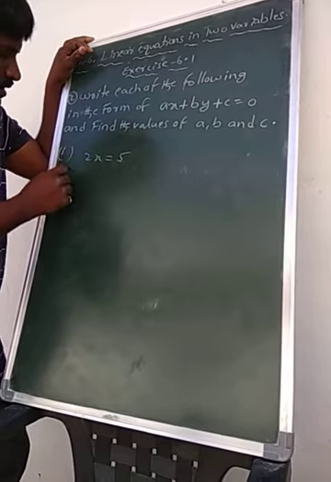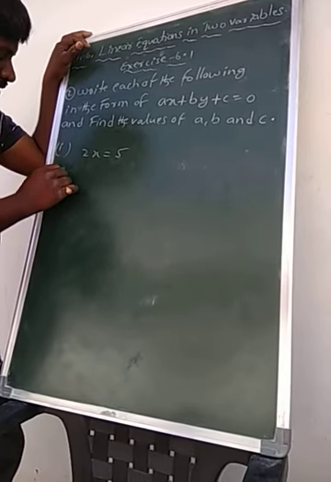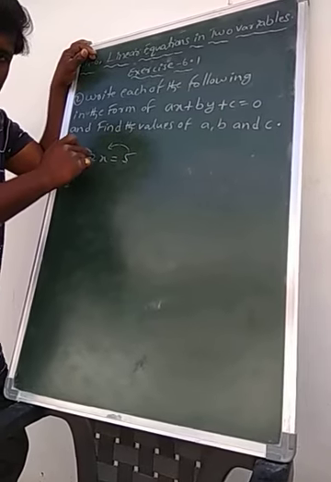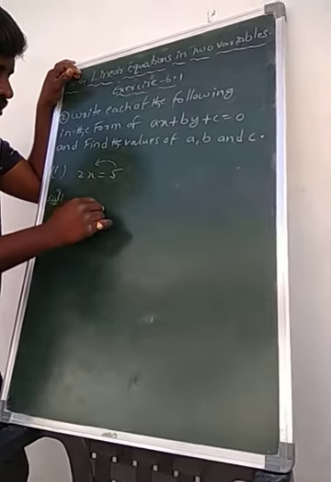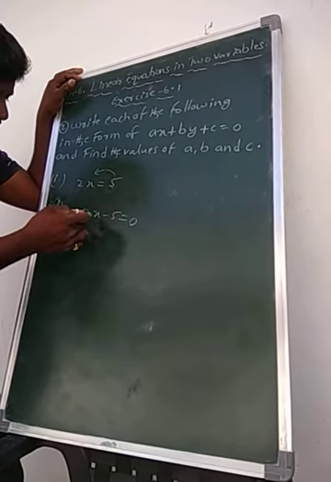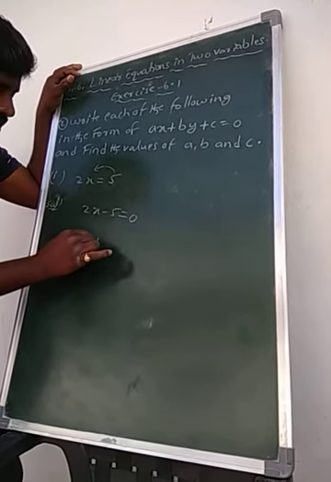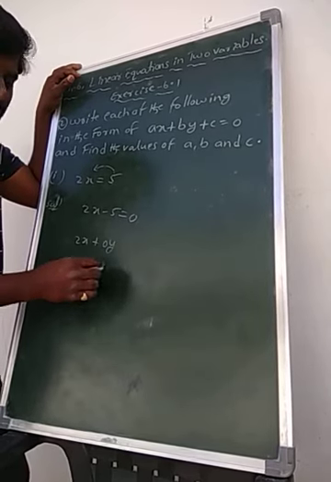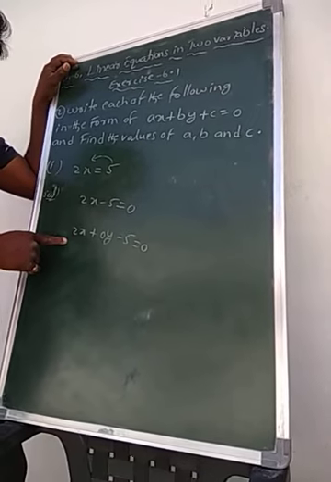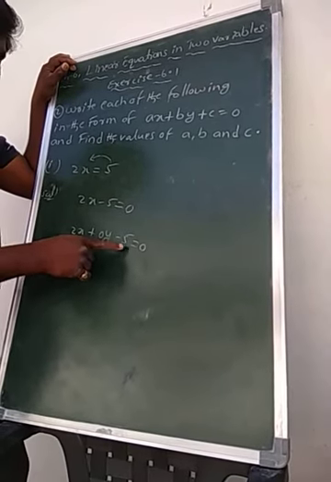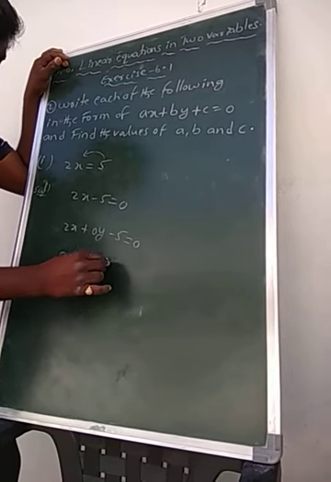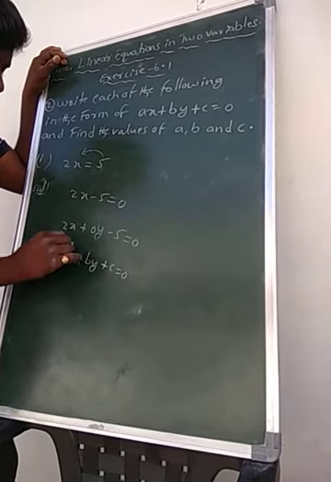So now I am transposing 5 to the LHS side. Then what happened? 2x minus 5 is equal to 0. So I am writing this as 2x plus 0y minus 5 is equal to 0. Now it is in the form of ax plus by plus c is equal to 0.